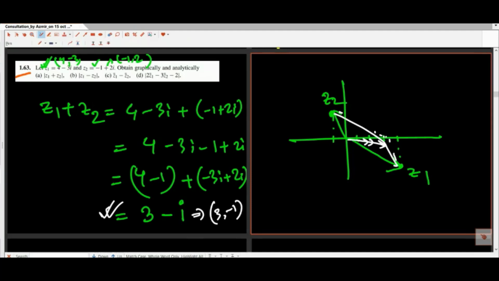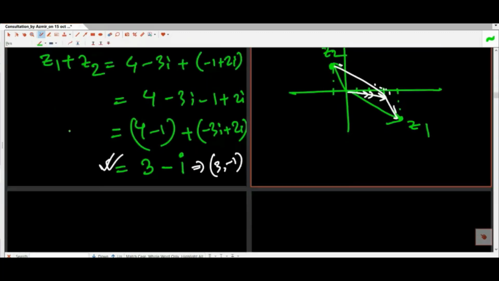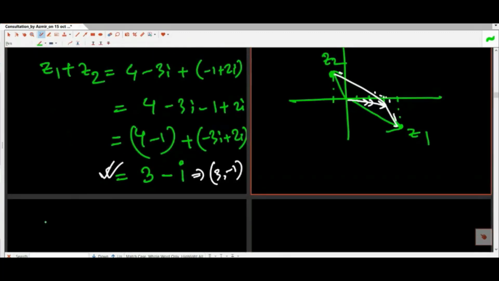Now, we still need to find the modulus of z1 plus z2. Since we have found the result z1 plus z2, let us find its modulus. For better understanding, we call the answer big Z, so Z equals z1 plus z2.